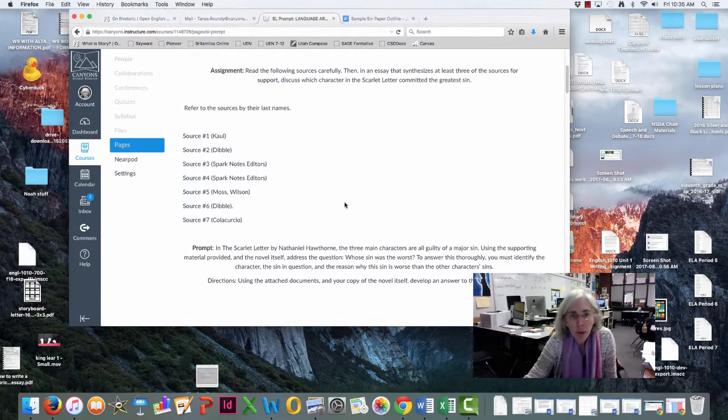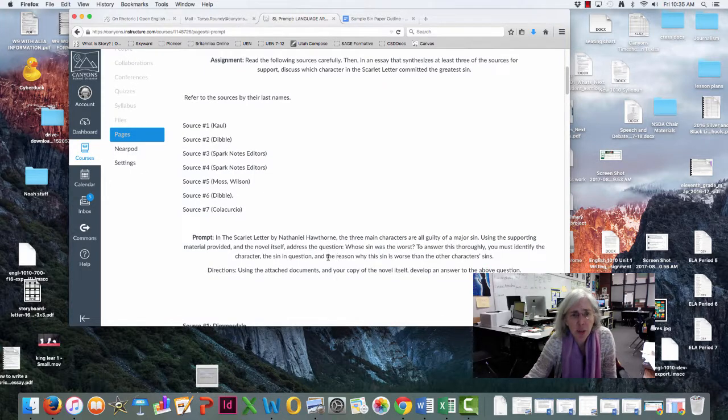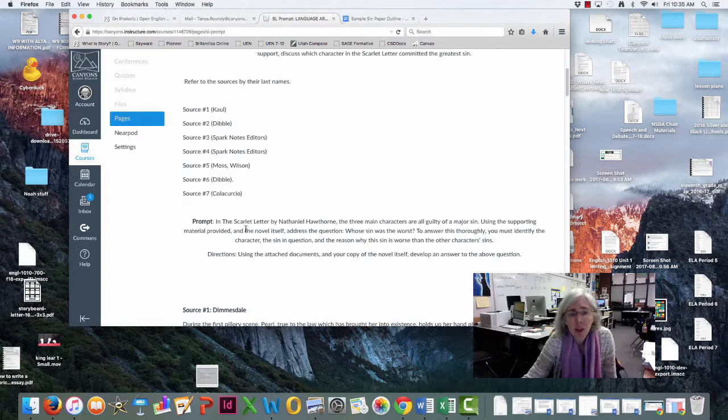What might help, though, is to know what it is you're answering so you can pick the appropriate article to read in source. So the prompt itself says, in The Scarlet Letter by Nathaniel Hawthorne, the 3 main characters are all guilty of major sin. Using the supporting material provided and the novel itself, address the question, whose sin was the worst?